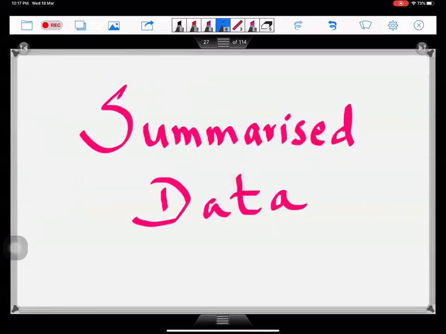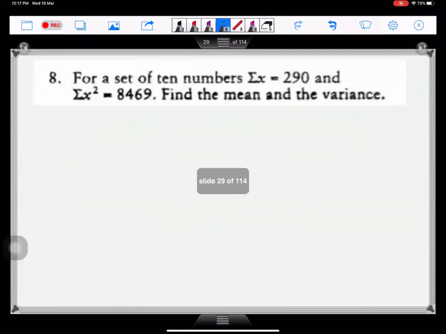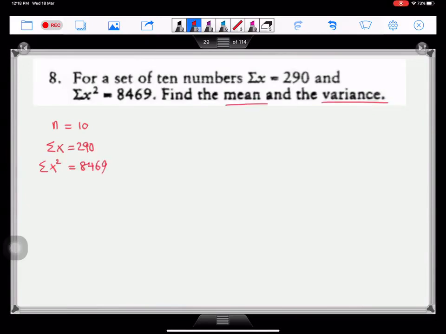Now, if I look at these summarized data questions, let's look at the first question. For a set of 10 numbers, you would write n is equal to 10. You would write sigma x is 290. Sigma of x square is 8469. What is it asking for? Mean and variance. So x bar, I'll simply write down these steps.